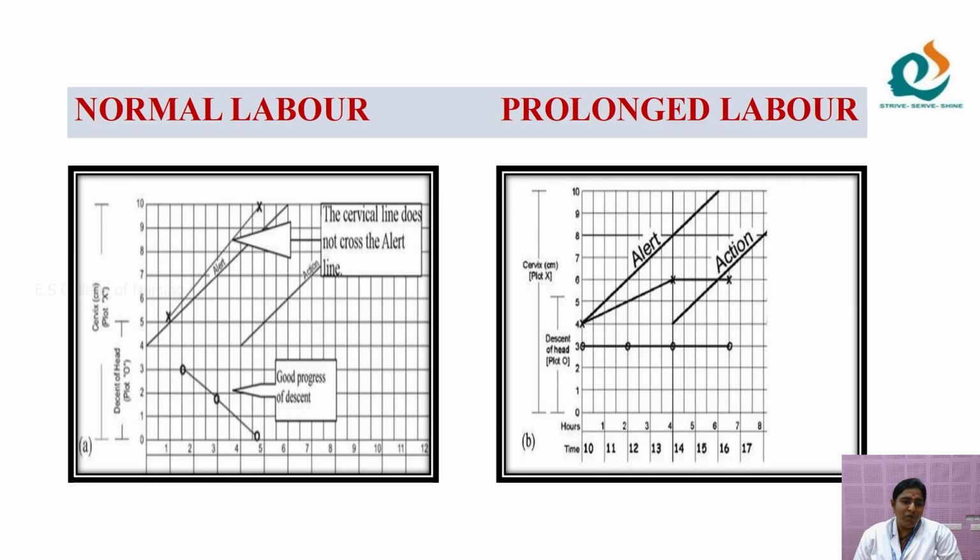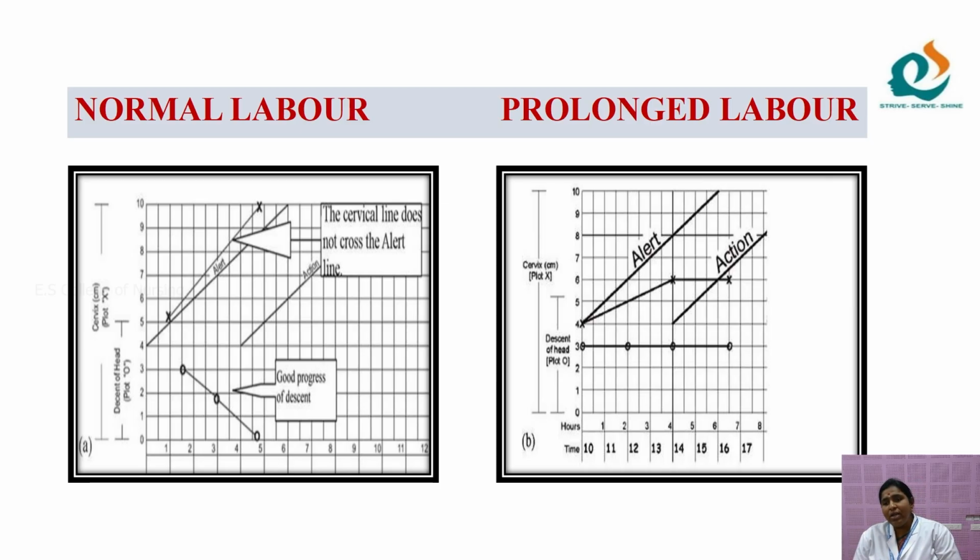At the same time, you see the descent of the fetal head, 3 by 5, 2 by 5, 1 by 5. That is 3 by 5, the head is just engaged. Second one is engaged into the pelvis, and 0 by 5 is deeply engaged. So the head is descending, progress is good. So in normal labor, if the cervicograph falls on the alert line or left of the alert line, normal vaginal delivery is expected.